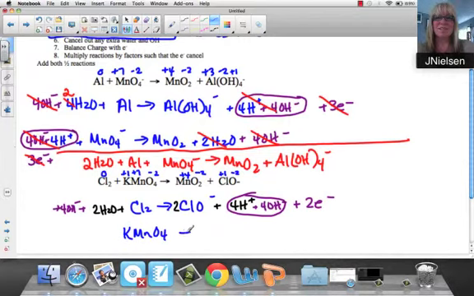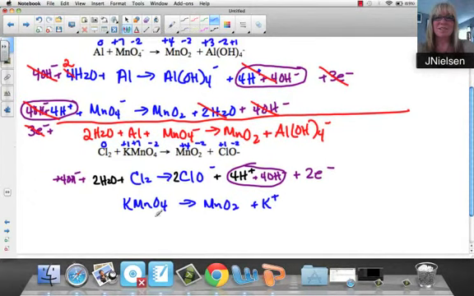Now let's look at the KMnO4 going to MnO2. So K is not on the right, so I'm going to add K plus to the right. Then I see I've got 2 oxygens, 4 oxygens. I'm going to add 2 water to the right, which means that I'm going to add 4H plus to the left, which means I'm going to add 4 OH minus to the left.